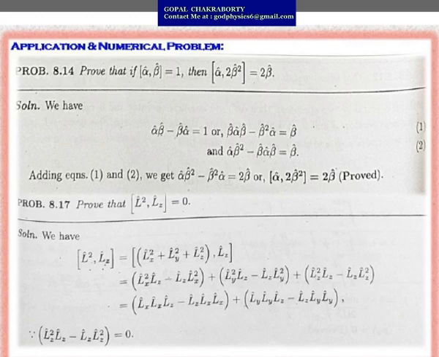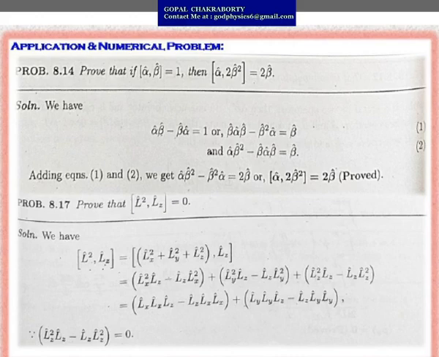By substituting in the formula, you get Lx square cap Lz cap minus Lz cap Lx square cap, plus Ly square cap Lz cap minus Lz cap Ly square cap, plus Lz square cap Lz cap minus Lz cap Lz square cap.